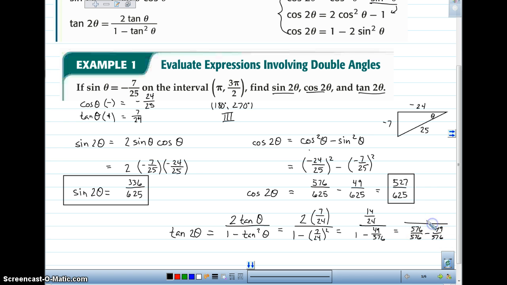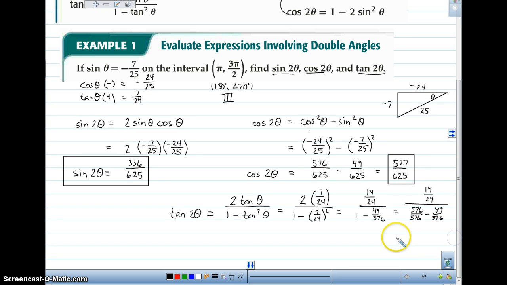So now we can subtract those. 576 minus 49 is 527. So we get 527 over 576.